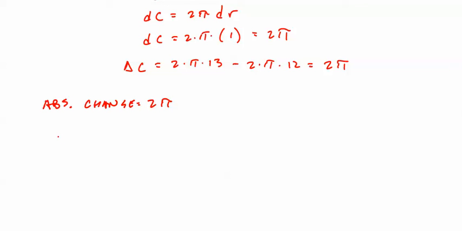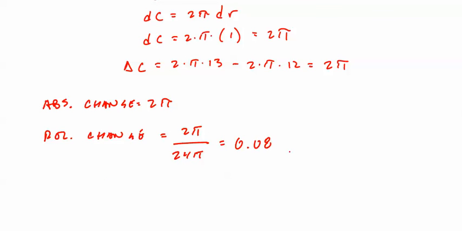The relative change is 2 pi over the original, 24 pi, about 0.08. And then the percentage change is just going to be that times 100, 8%.